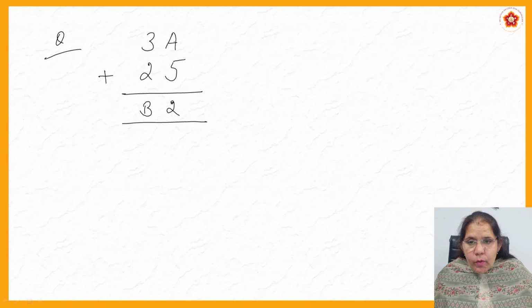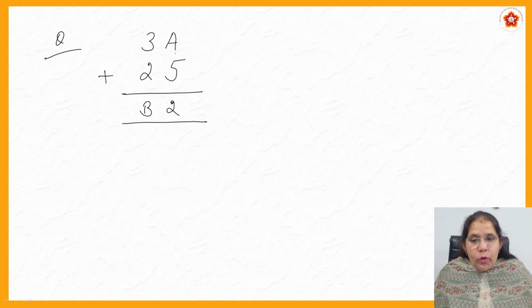If you put 0 in place of A, 5 plus 0 is 5. We don't get 2 here. What about 1? 5 plus 1 is 6. We do not get 2. What about 5 plus 3? 8. Again, we are not getting 2 at the units place.